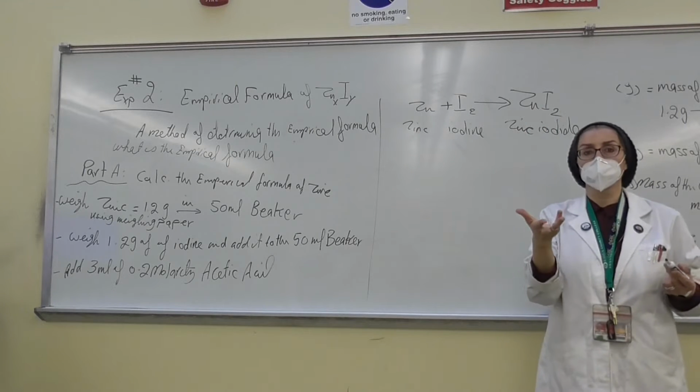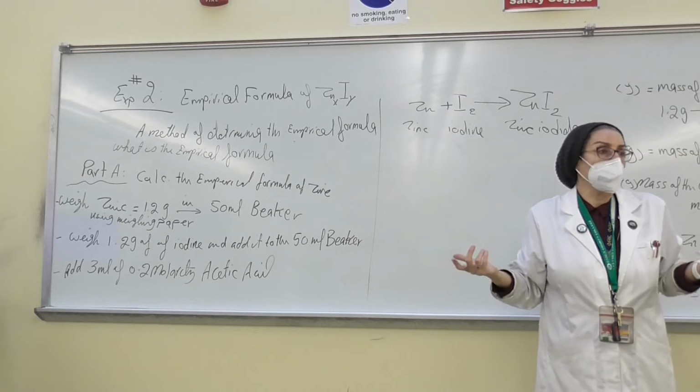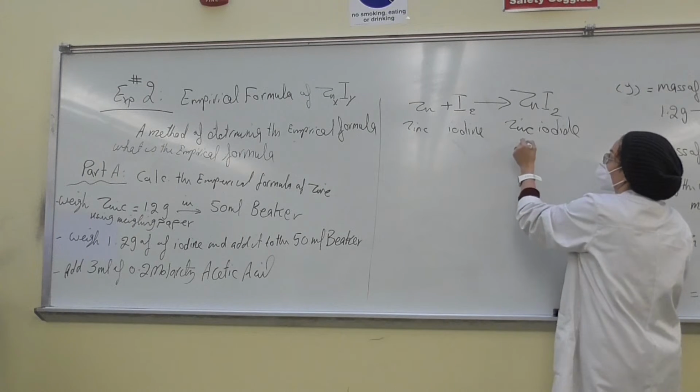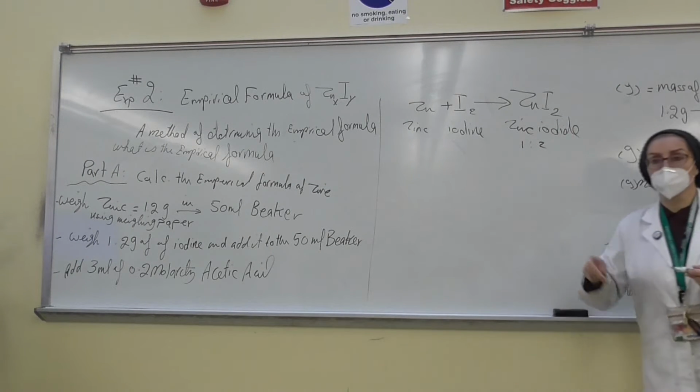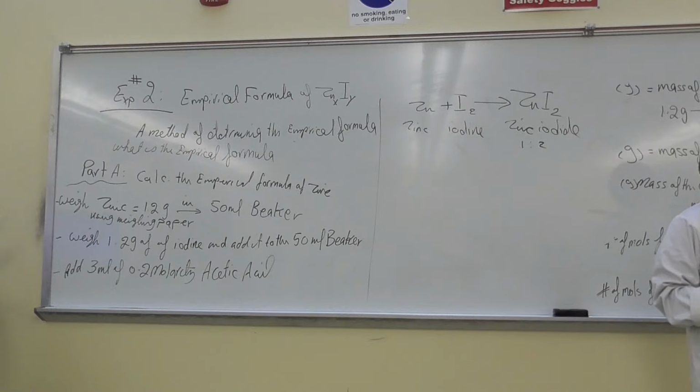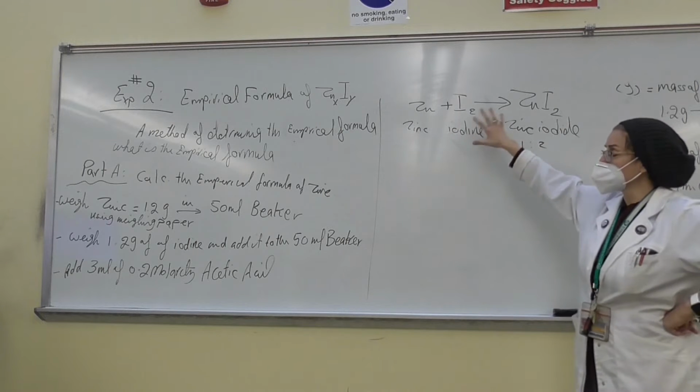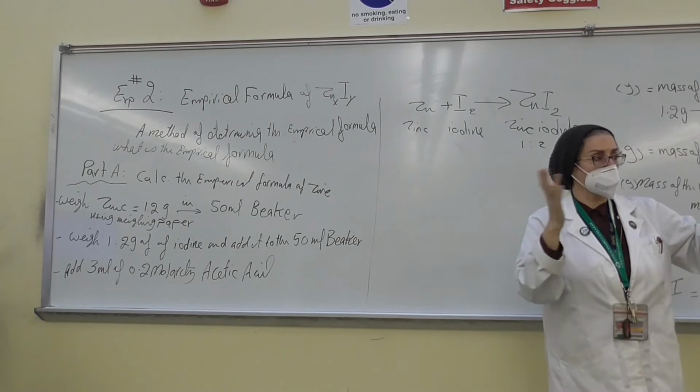If you are accurate with your experiment, maybe you're going to have the ratio of 1 to 2. That's what we want to attain or obtain. All right? So this is basically what we are after today. This is the theory of it.